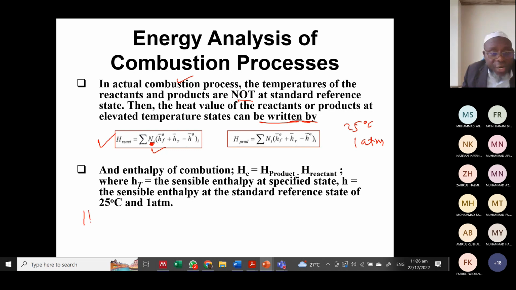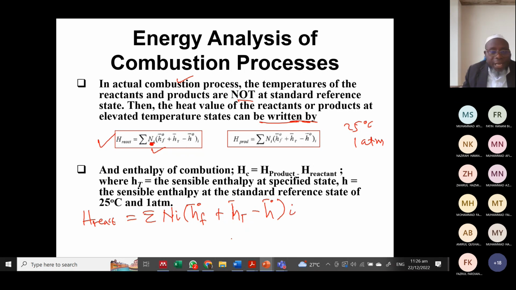The enthalpy of the reactant equals the sum of the number of moles in the reactant times the enthalpy of formation at standard state, plus the enthalpy at a given state, that is HT, minus the enthalpy at standard state.